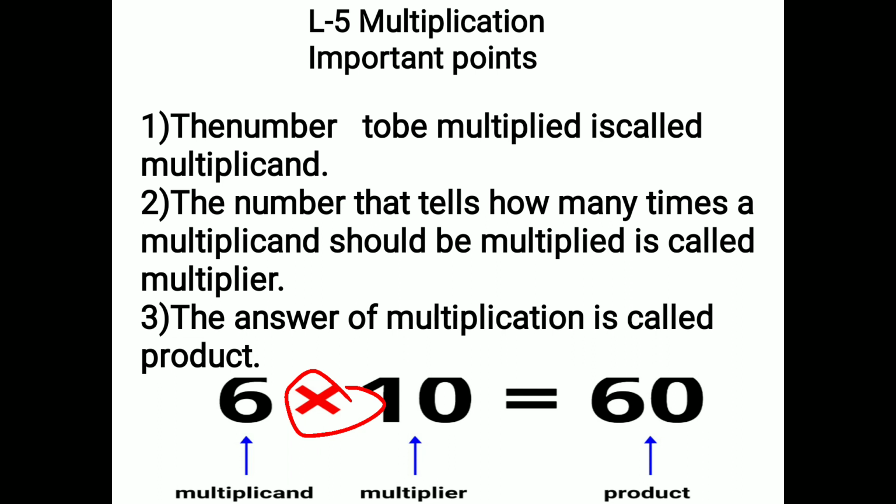Clear? So the number that tells how many times a multiplicand should be multiplied is called the multiplier. And the answer of multiplication is called the product. And this example you have to write along with it in the maths copy. Clear? Now we do activity 1.